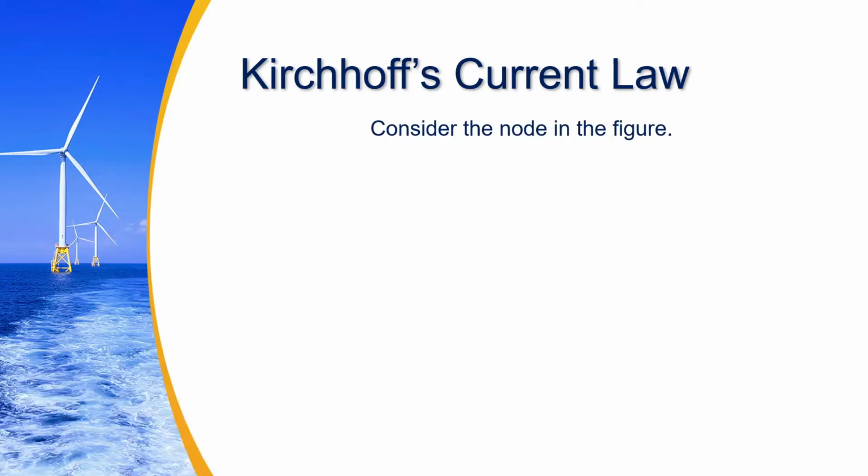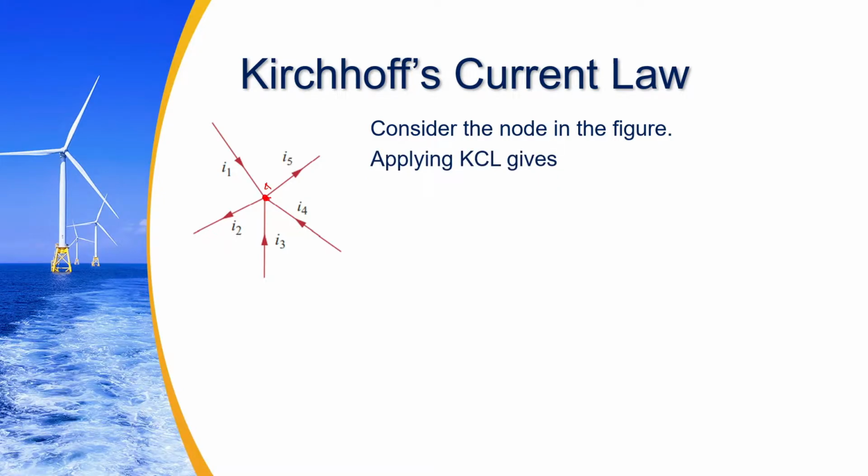Consider the node in this figure. Ang node natin ulit sa figure na to is nandito. Ito yung node, sabi natin node A. Applying KCL gives I1. Bakit positive yung side ng I1?